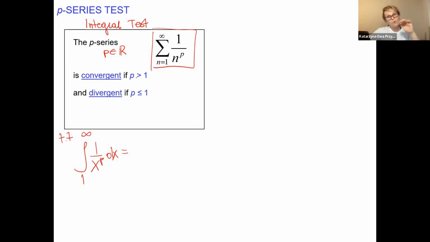If it's equal to 1 or less than 1, then it's divergent. You can check this, but it's easy to just use this as a tool, because nobody will ask you to prove it. We just apply this test, know the toolbox, and use that tool. We call it the P-series test because it's a nice form, but it's a consequence of the integral test.